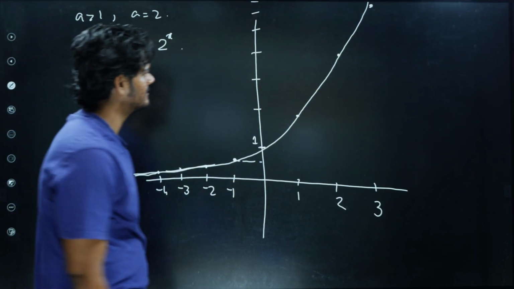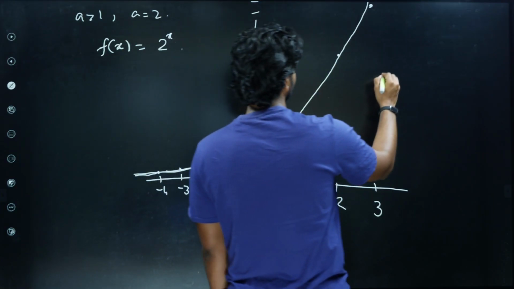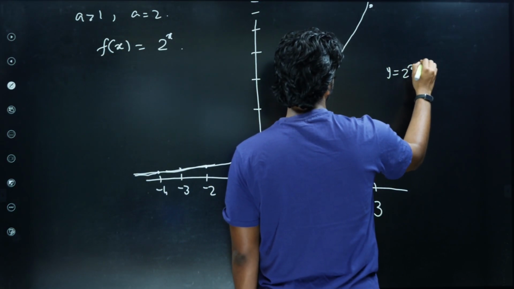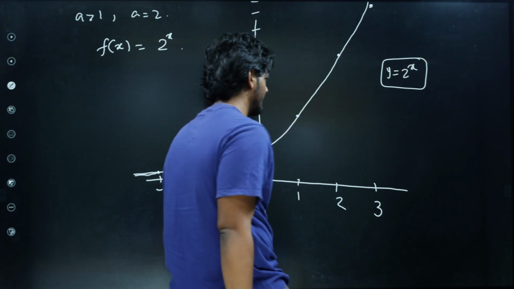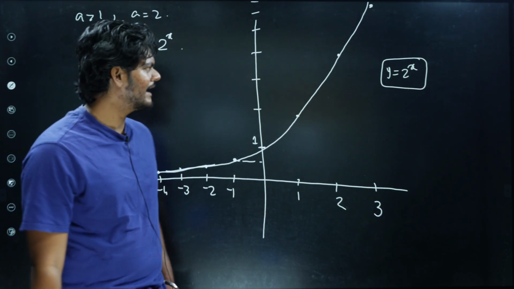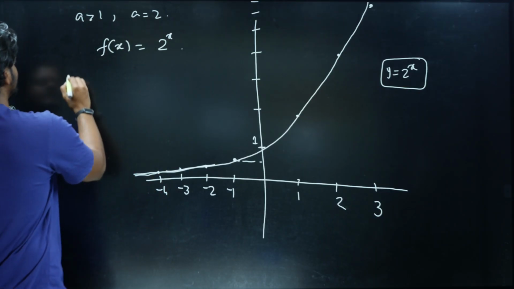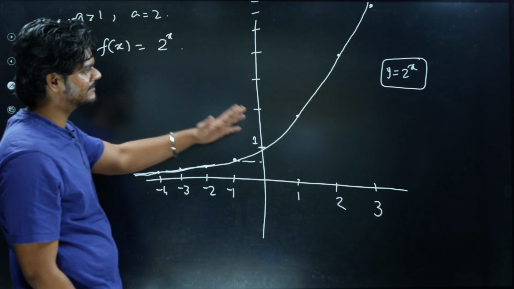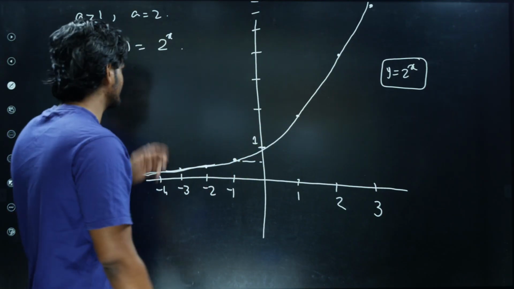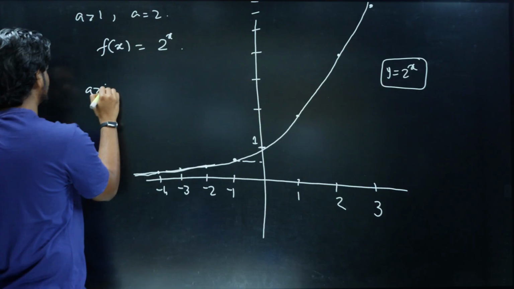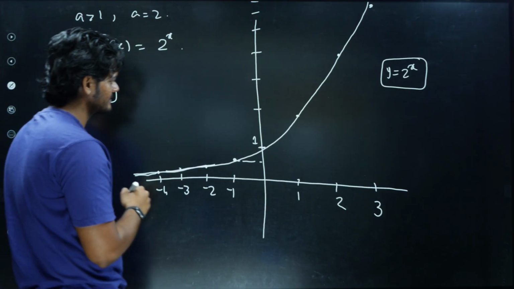So this is the rough graph of y is equal to 2 power x. And the graph will be very similar for every a greater than 1. Whenever a is greater than 1, the graph is going to be like this.